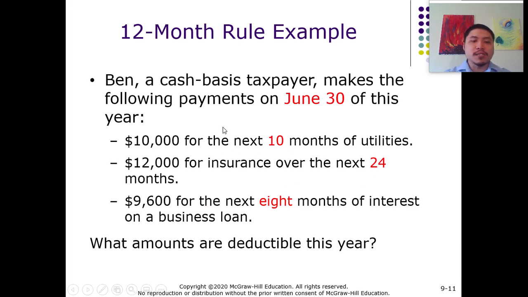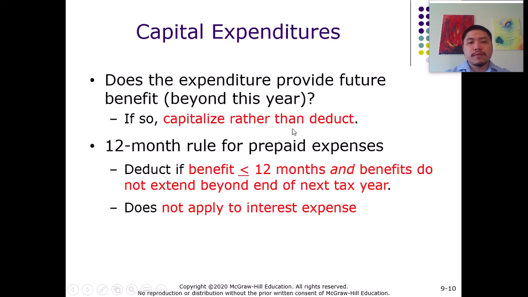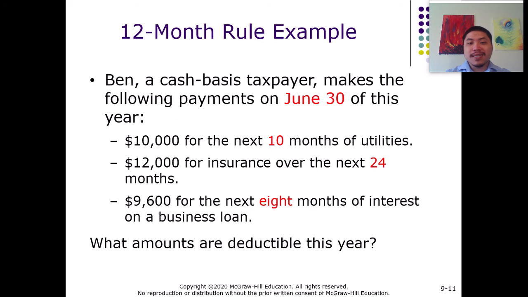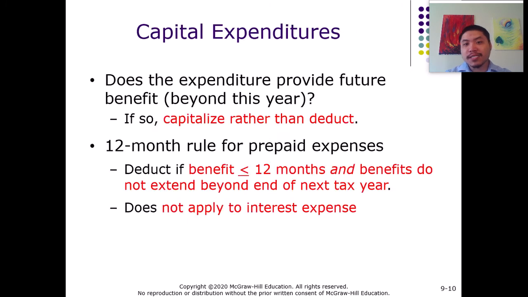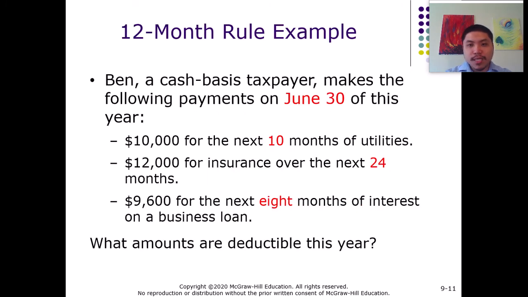So for the first item, Ben paid $10,000 for the next 10 months of utilities. First, the benefit is shorter than 12 months. And second, the benefit does not go beyond the end of the next tax year. Because Ben is a cash basis taxpayer, he's going to use the calendar year, so his tax year ends on December 31st of each year.